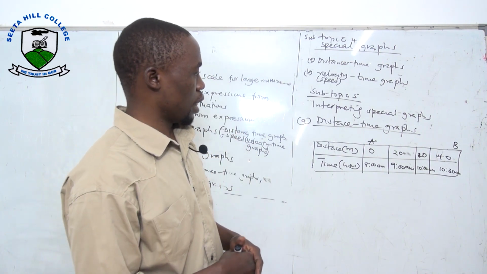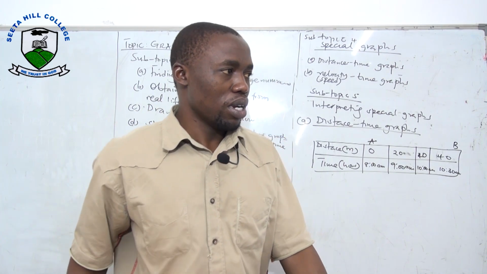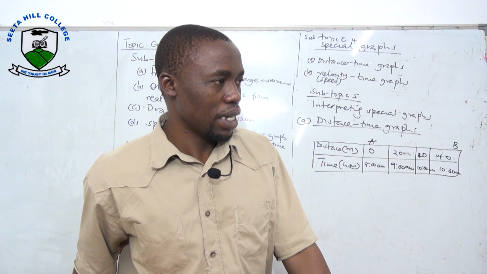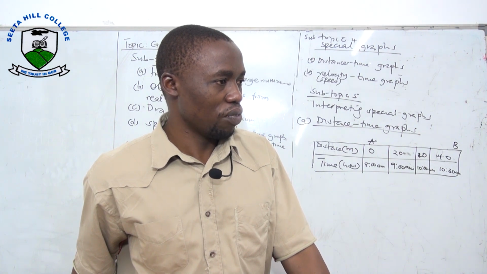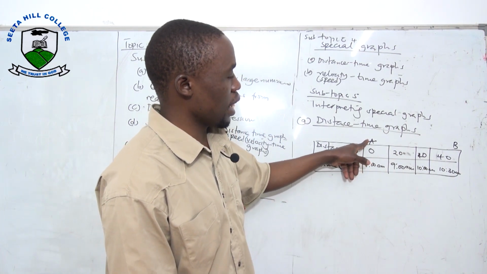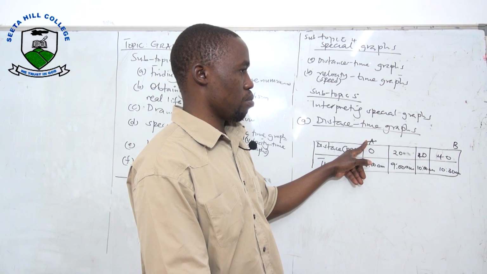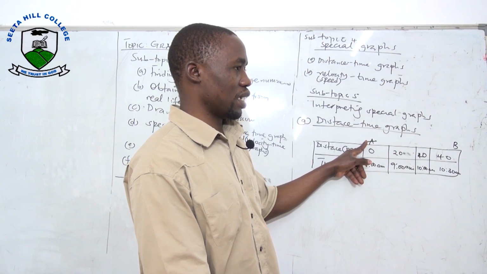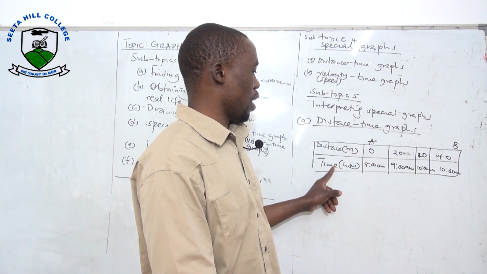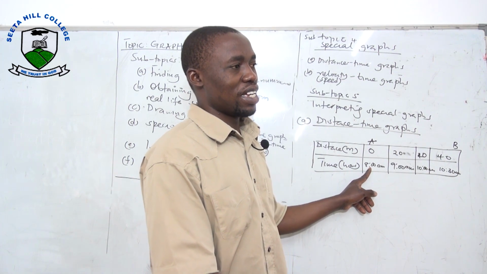Now we are giving a scenario here of one student going home from this place, and we are looking at the journey of the student. The student leaves the school. School is A, and is going home, which is located 60 meters from school. Now, at 8 is when the student is leaving.